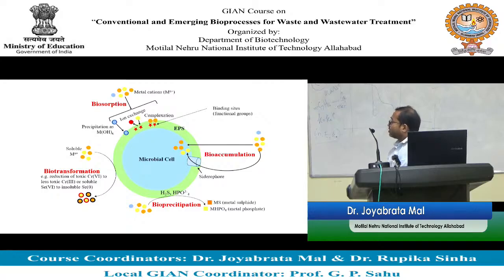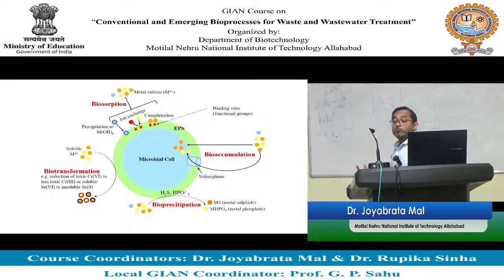There can be different mechanisms for bioabsorption, like precipitation of metals, ion exchange, complexation, all different kinds of mechanisms. Of course, once you do one experiment to remove the metals, you can do other experiments to find out which mechanism is responsible for the bioabsorption process and what kinetics it is following.